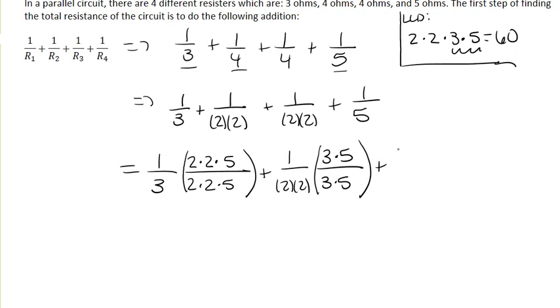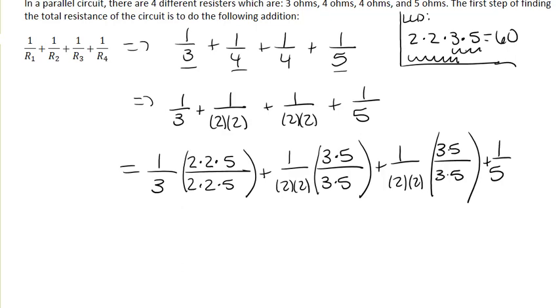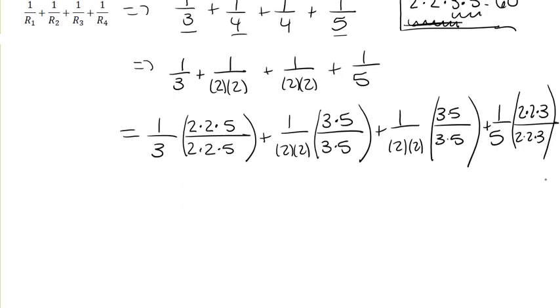Then we do the same for the next one. And then finally we have plus 1/5. What we're missing from the 1/5 is the first 3 numbers, so we multiply by 2 times 2 times 3 on the top and 2 times 2 times 3 on the bottom. Now let's multiply this all out.